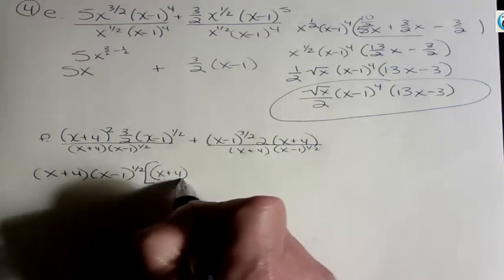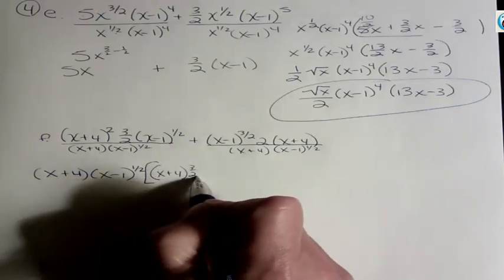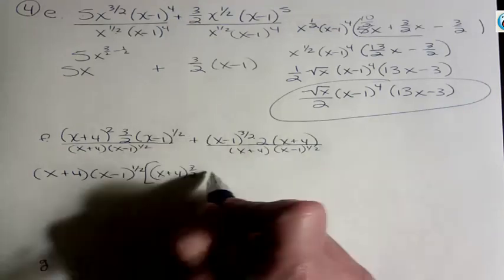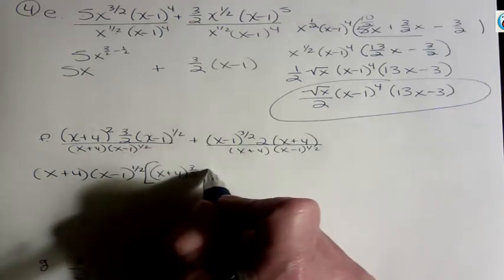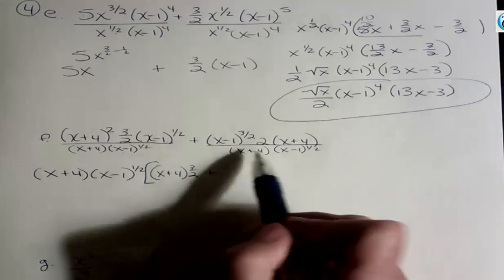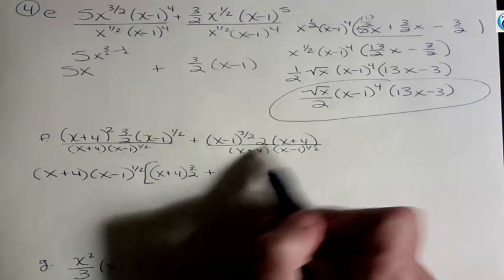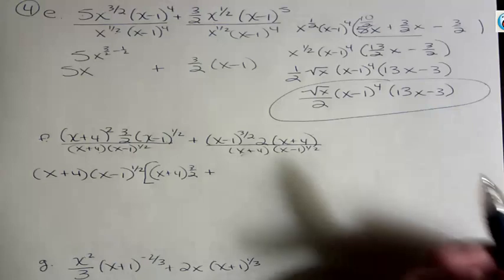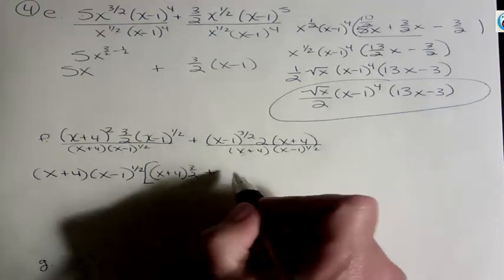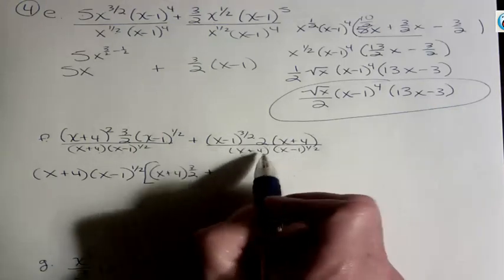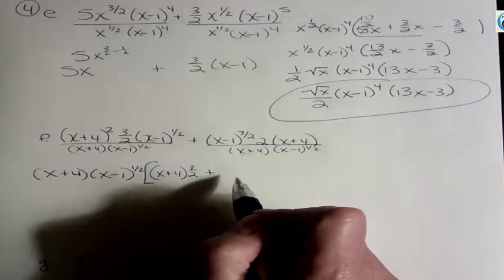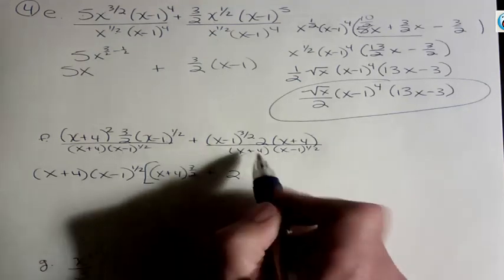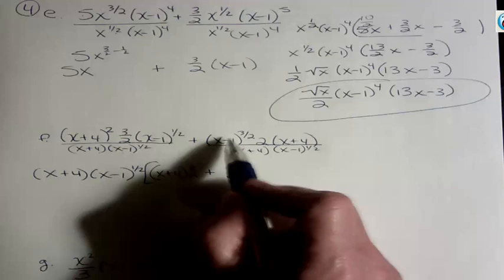I still have the 3/2. But x minus 1 to the 1/2, those cancel, right? And then the x plus 4's cancel. I have 3/2 minus 1/2, which is 2/2 again. So that's just going to be the 2. Those cancel, and I get x minus 1.